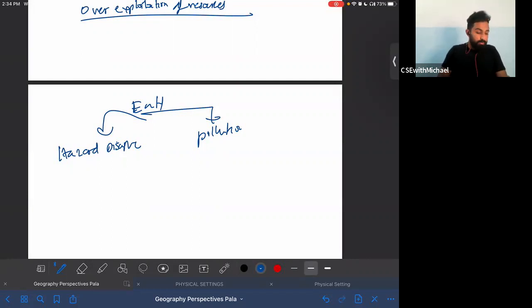So in order to write a small definition, we'll write this way. Despite these difficulties, it can be asserted that environment management is a process concerned with human environment interaction.